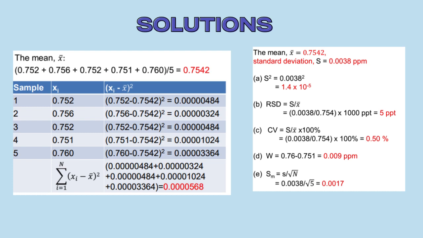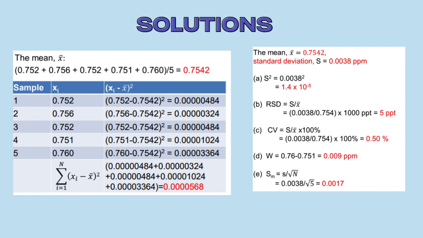After that we insert it in the formula, and we get the standard deviation, which is 0.0038 ppm, and then we square it to get the variance, which is 1.4 times 10 to the power of negative 5.